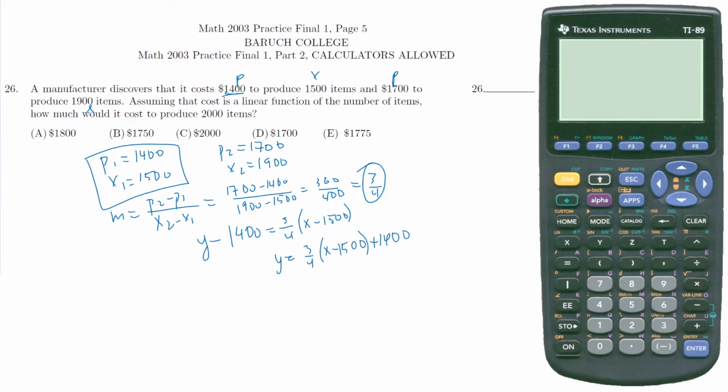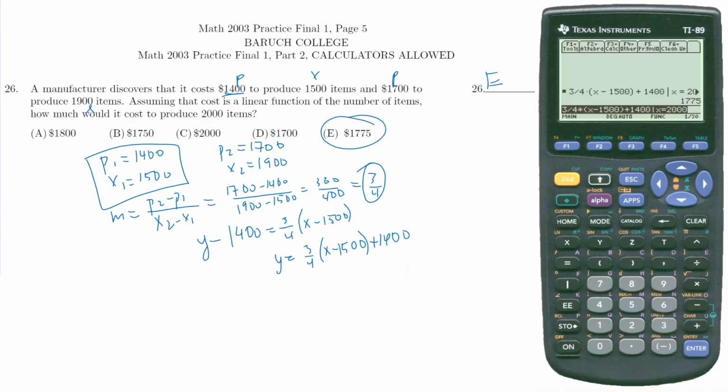And now the calculator time. So I just saved myself a lot of headache. Here I just type in 3/4 multiplied by x minus 1500 plus 1400. Never plug stuff in directly, always use a vertical bar if you can. X is equal to 2000. And the answer is 1775, which is E.